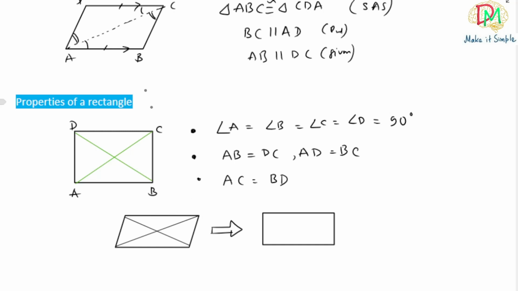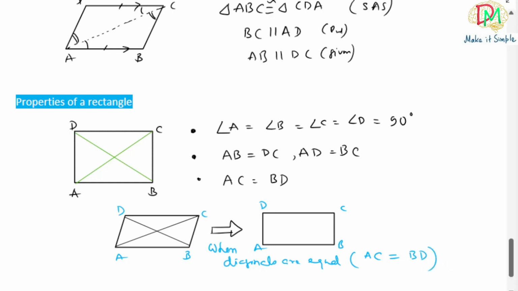So when diagonals are equal, remember this means if ABCD is a parallelogram, then it has become a rectangle when AC is equal to BD. Clear? This is a very, very important property.